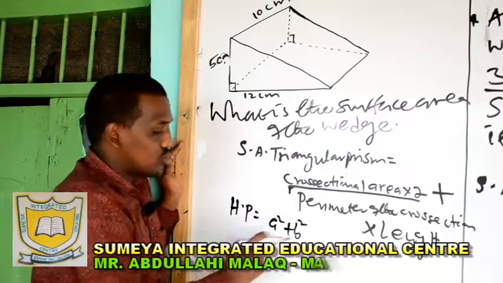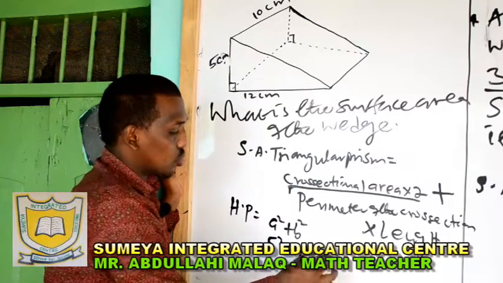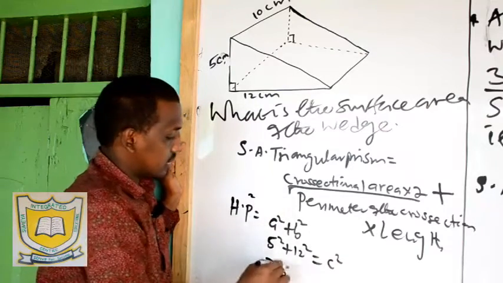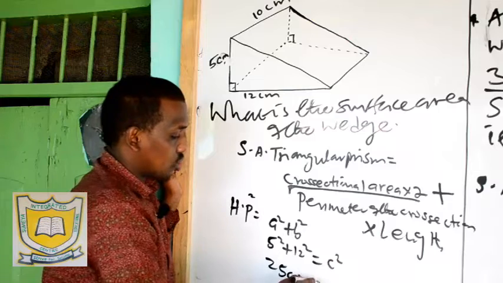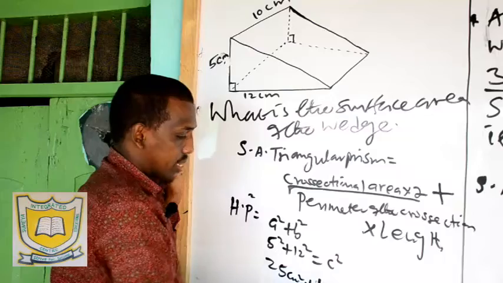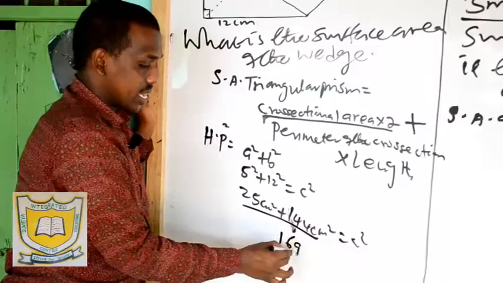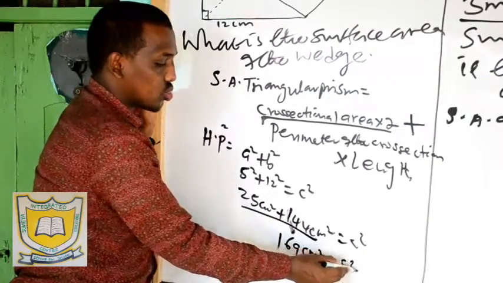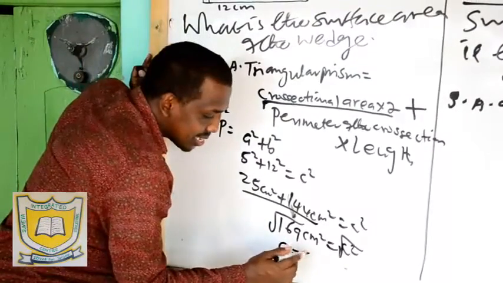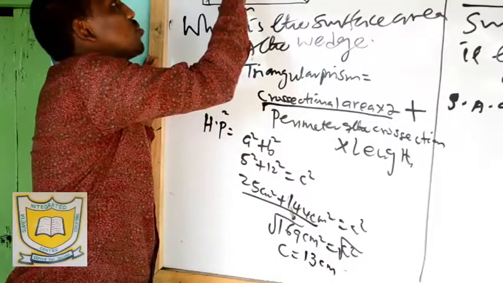So we say 5 squared plus 12 squared is equal to c squared. 5 times 5 is 25 centimeters squared plus 12 times 12 is 144 centimeters squared is equal to c squared. When you add, you will get 169 centimeters squared is equal to c squared. So c is equal to the square root of 169, which is 13 centimeters. So this line, the hypotenuse, is 13 centimeters.